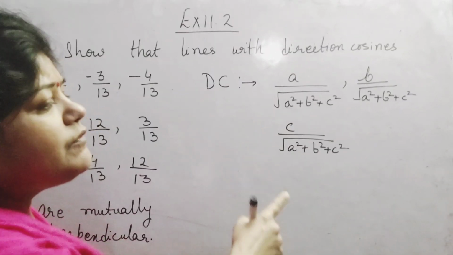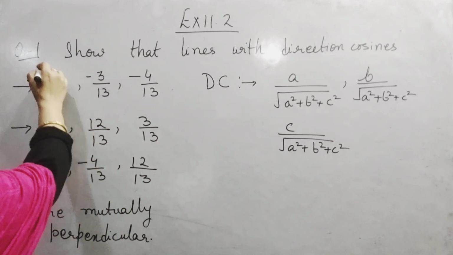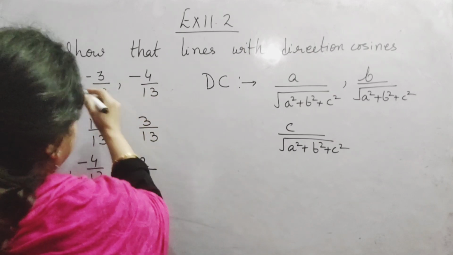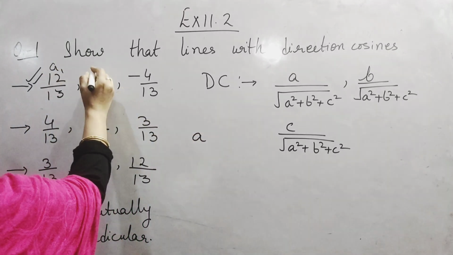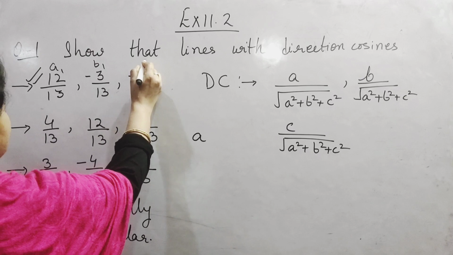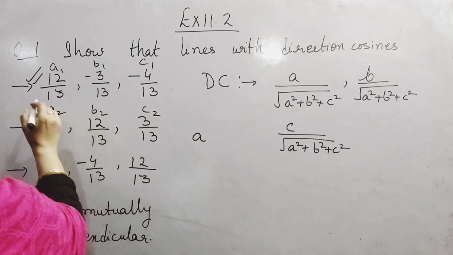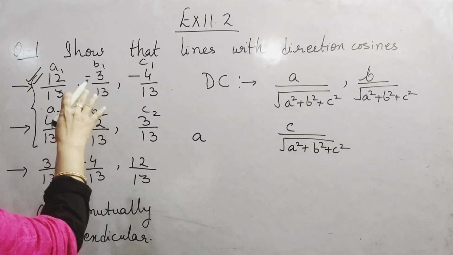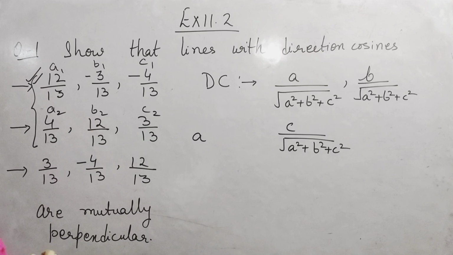So when we compare our formula with the given direction cosines, we can easily see from here this value, let it be a1, it is b1, it is c1, let it be a2, b2 and c2. We are just observing for these first two lines whether they are perpendicular or not.